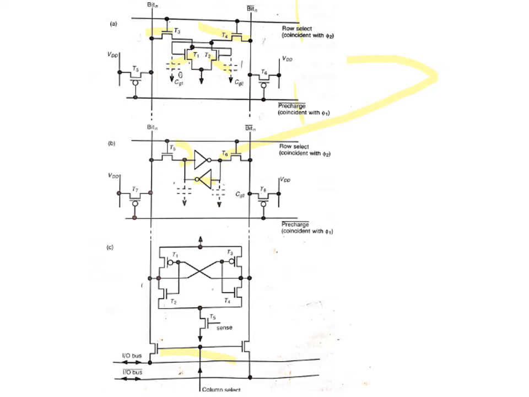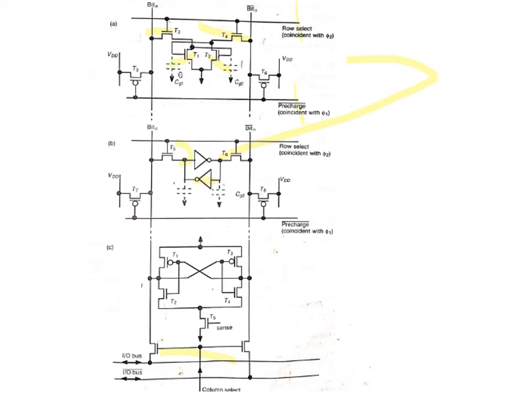Then you have T5 and T6. So totally 6 transistors are present, hence it is called a 6 transistor static memory cell. The third diagram, the sense amplifier circuit, we'll discuss later.